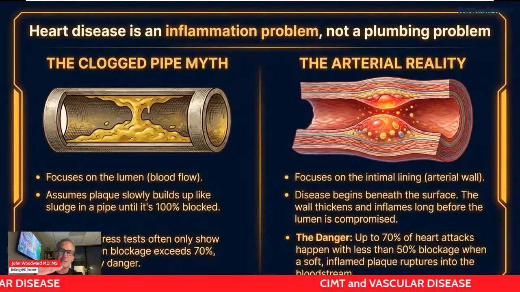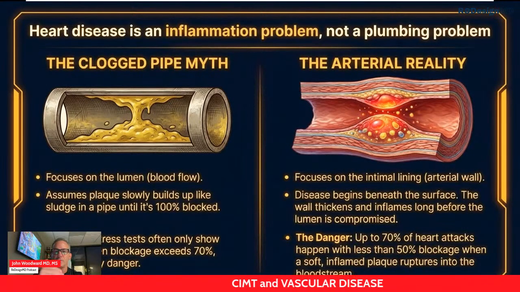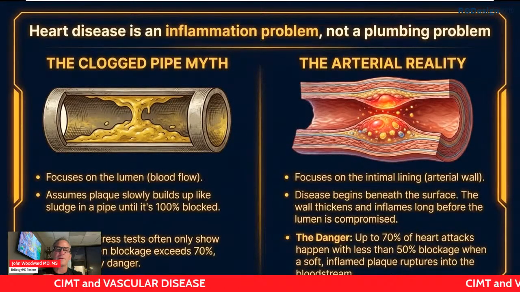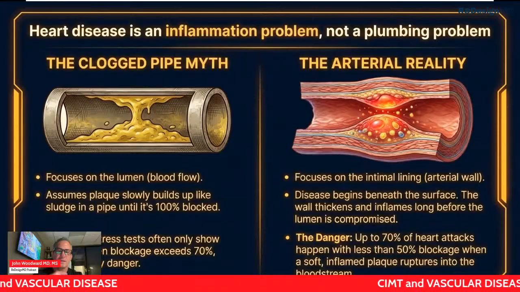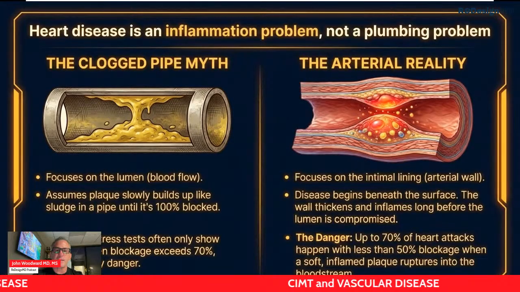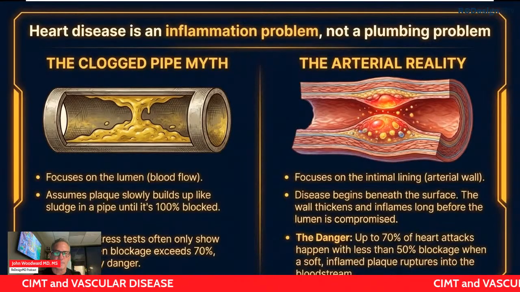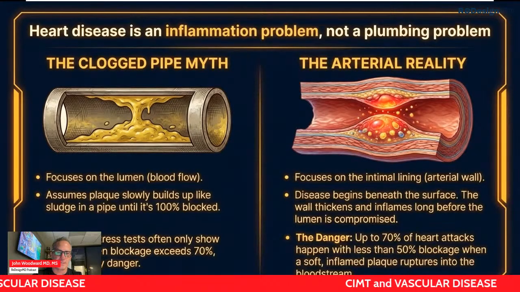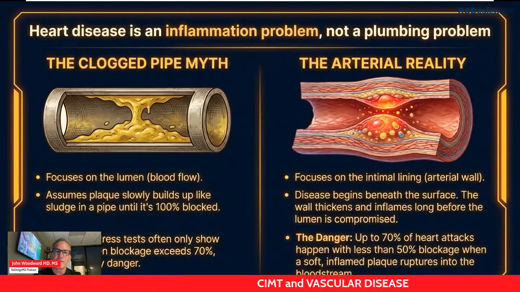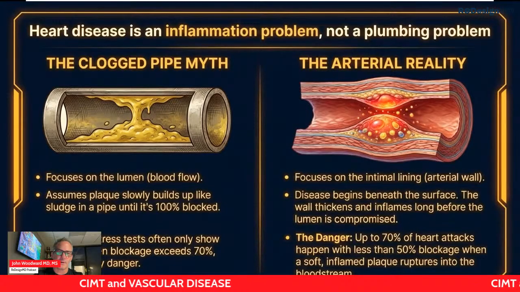There's thickness and more plaque, more immune cells. There's more smooth muscle migration. There's all sorts of things that increase the thickness of that vessel, and it's related to inflammation. It's related to oxidative stress, which are really the two overarching concepts that we want to focus on with cardiac disease.